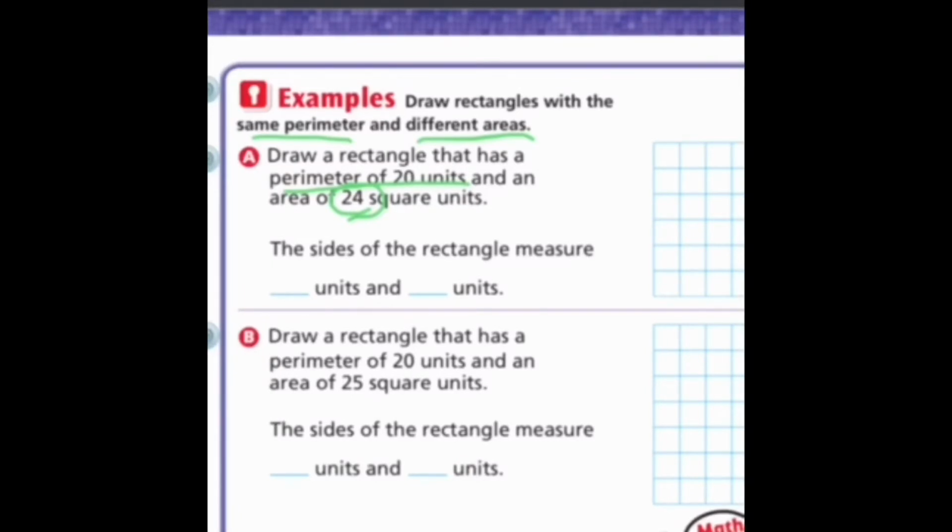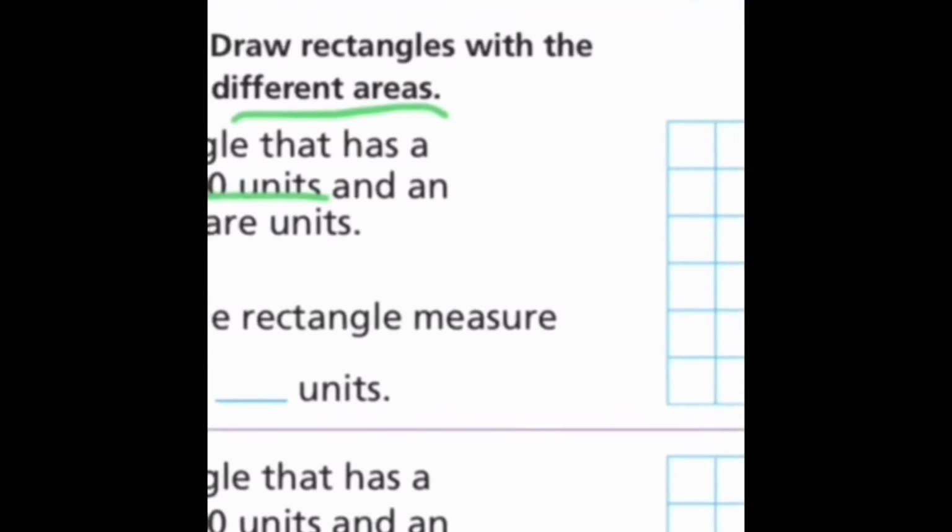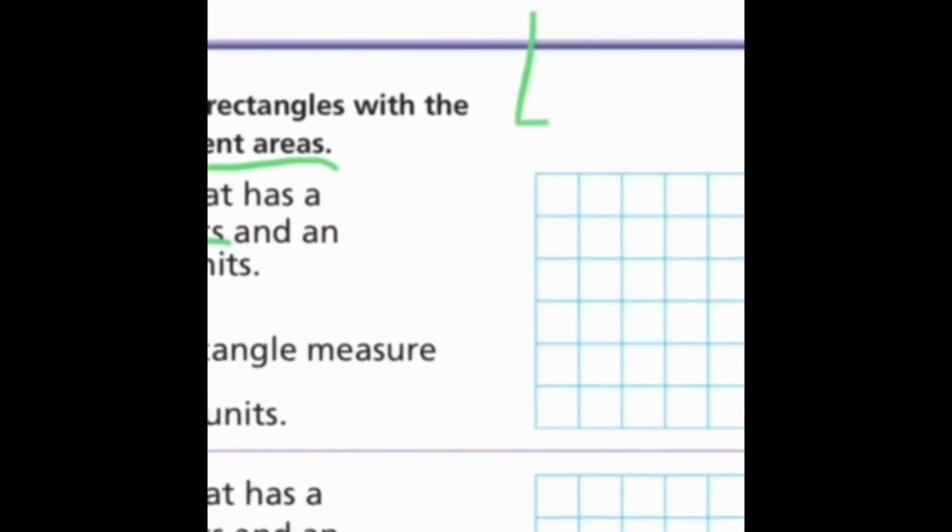It also means our side lengths, if it's a perimeter of 20, half of 20 is 10. So when I draw my two side lengths, that gets us halfway around. So instead of adding up to 20, these two side lengths right here need to add up to 10. So what are two numbers that add up to 10?